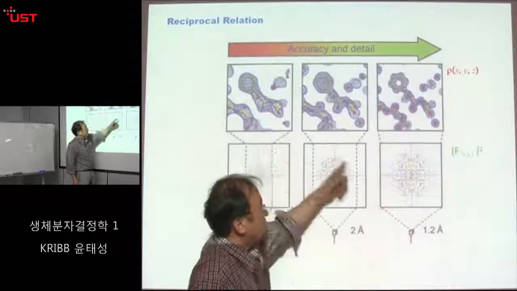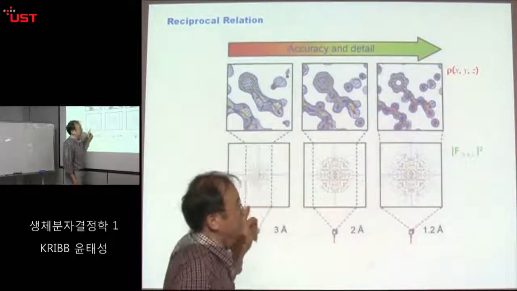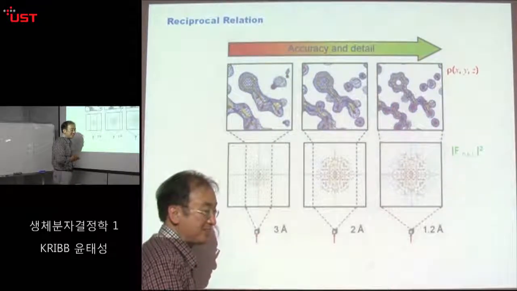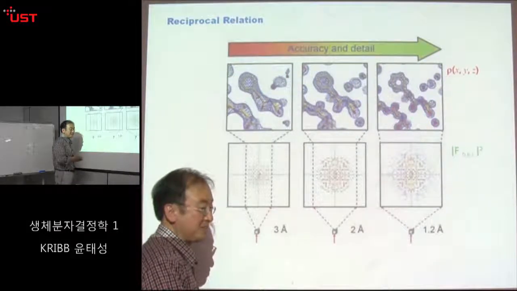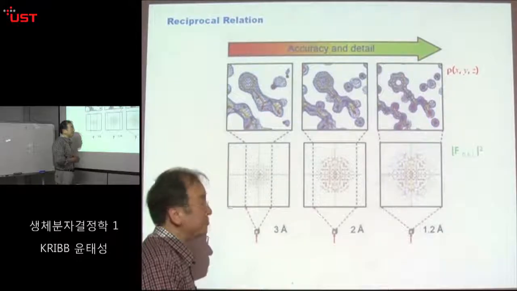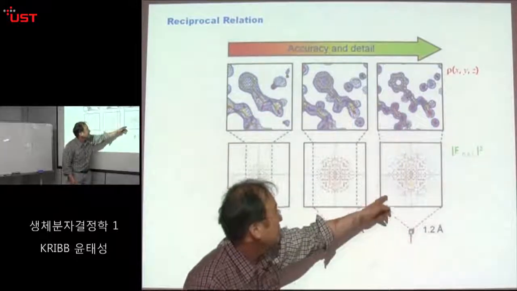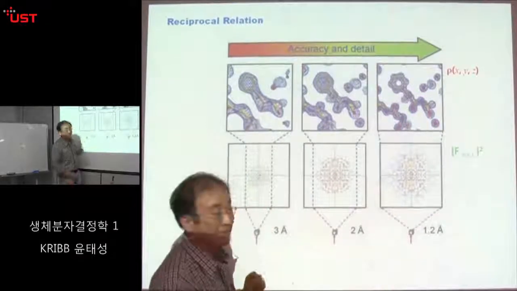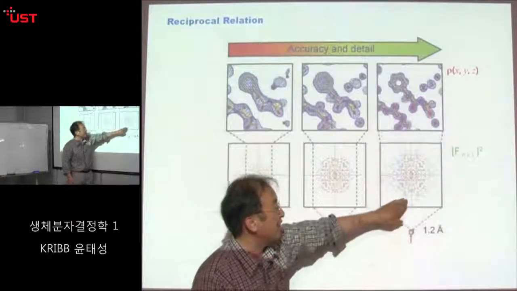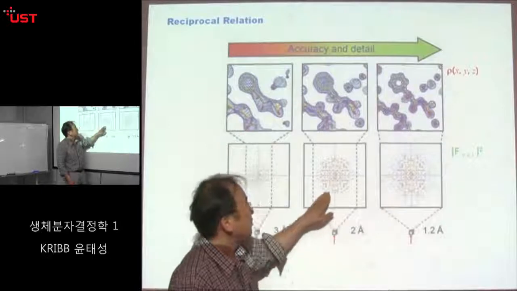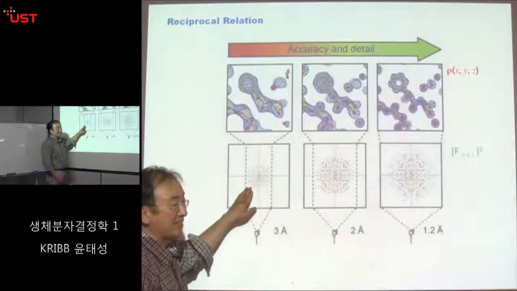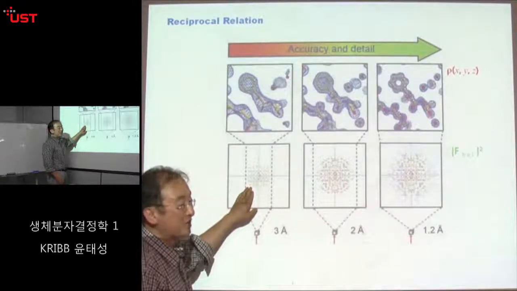What result do we have in reciprocal space or diffraction data, as Muhammad told? We have more data in higher resolution, a medium amount of data in medium resolution, and less data in low resolution.